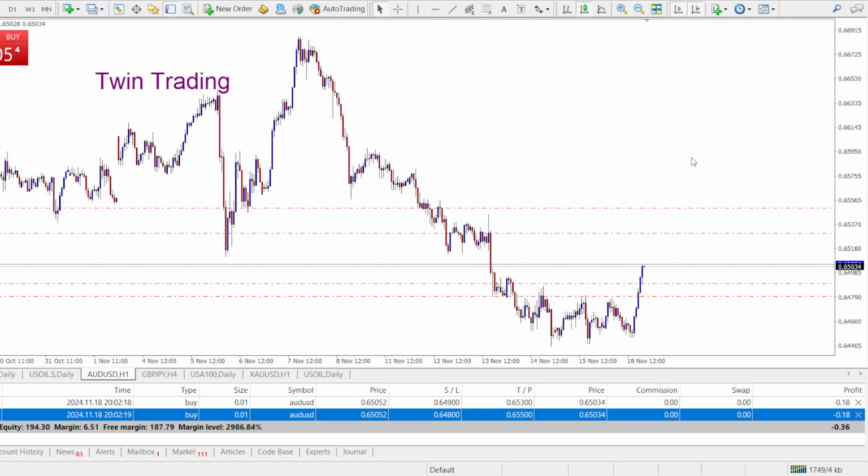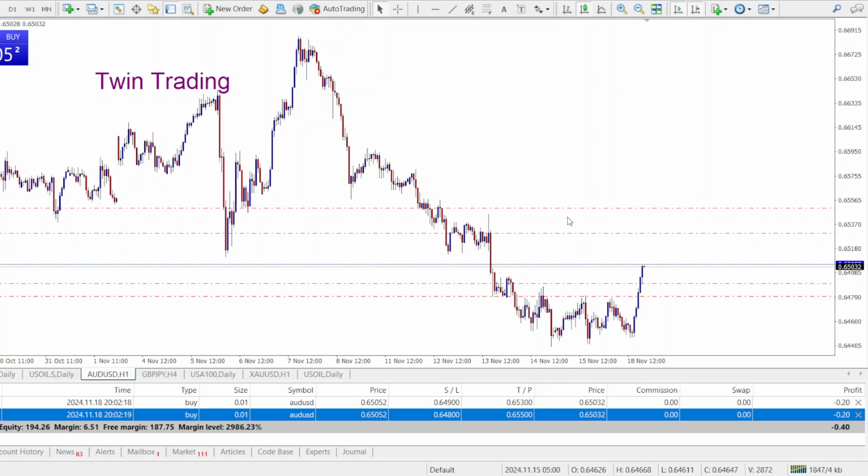Okay, now this approach gives you the best of both worlds. You can lock in some profit early while letting the other trade run to potentially maximize returns. Okay, so it's all about striking that perfect balance between cautious trading and staying aggressive enough to ride strong market trends. Now I made the stop losses and take profits close just so that we can see them clearly.